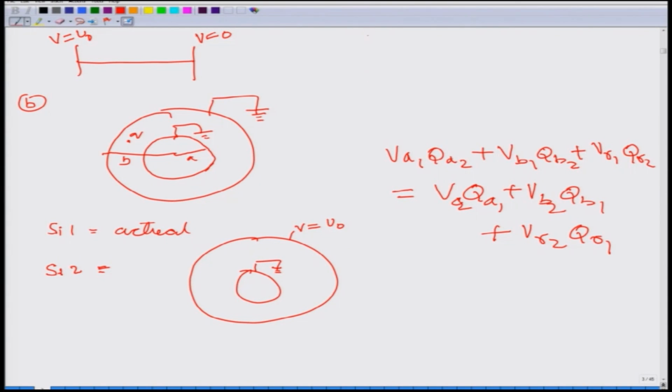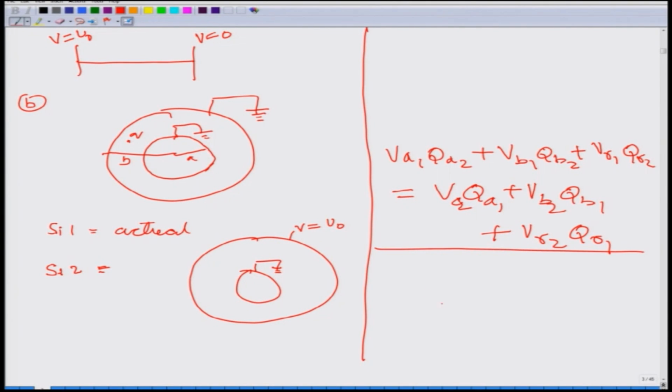This will tell you the induced charges, where VA1 is the potential on the surface of the spherical shell with radius A, and VB1 is the potential on the surface of the spherical shell with radius B. In this situation, you will find the induced charge on one of the surfaces.